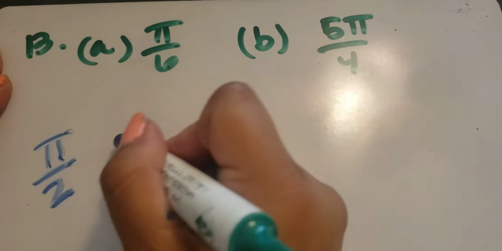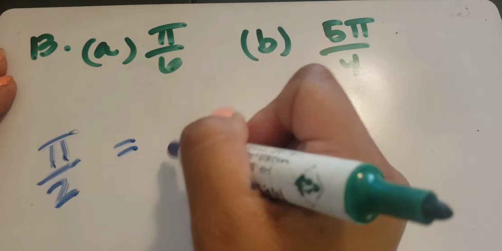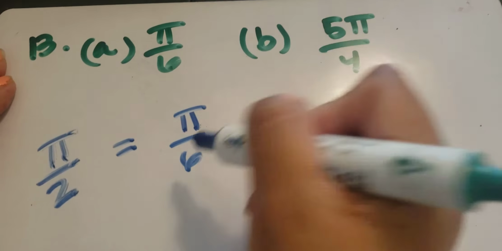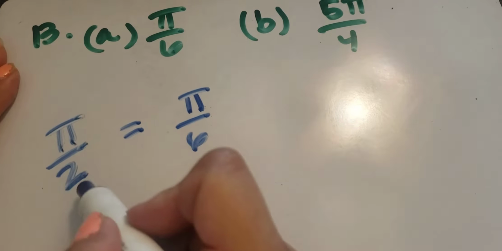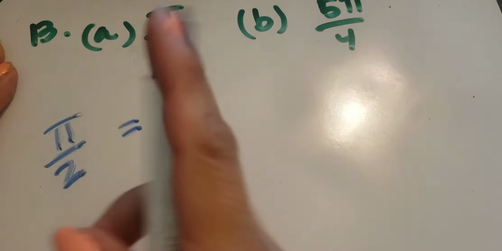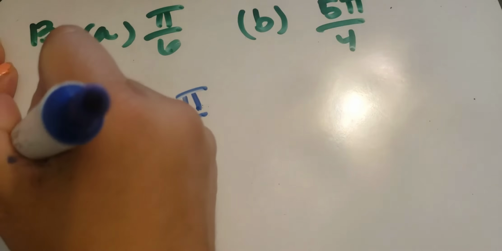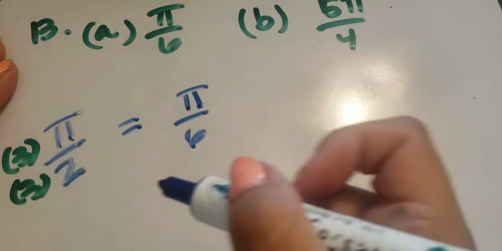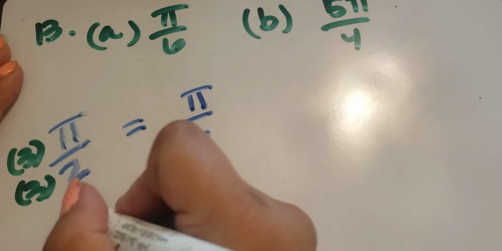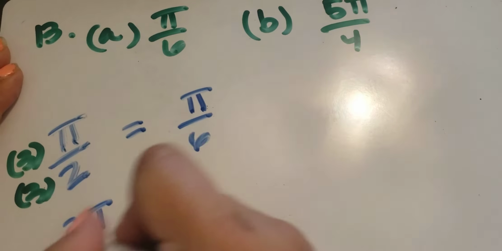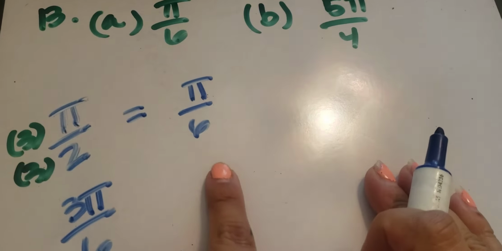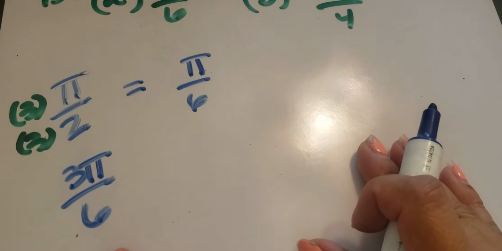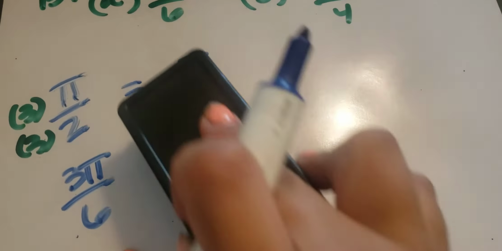So I try to see the equivalent to pi over 6. If I multiply this by 3 in the numerator and the denominator, we end up with 3 pi over 6. And clearly, pi over 6 is a lot smaller than this.